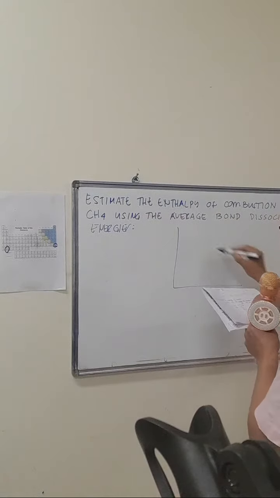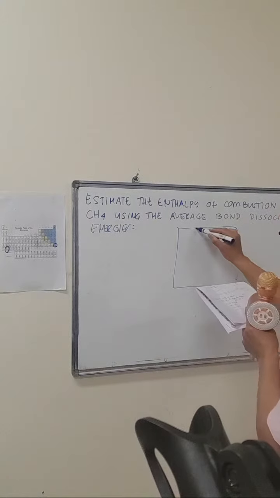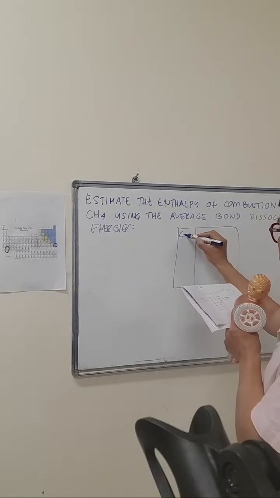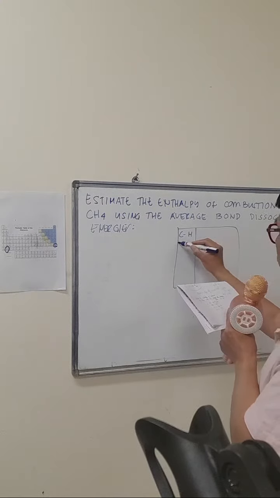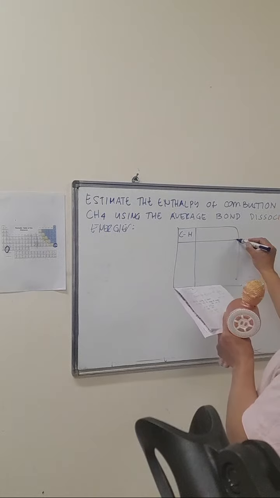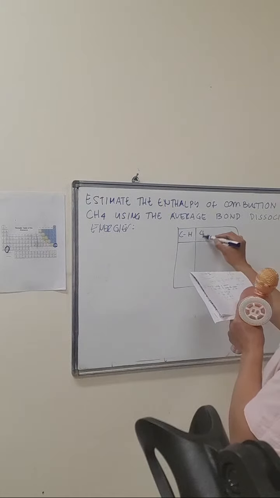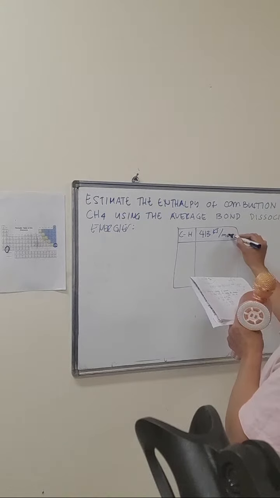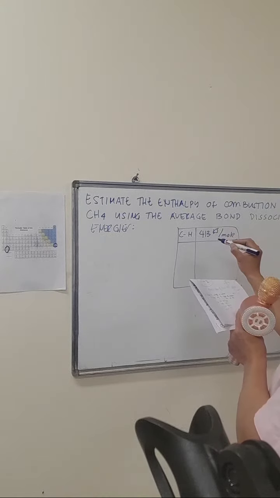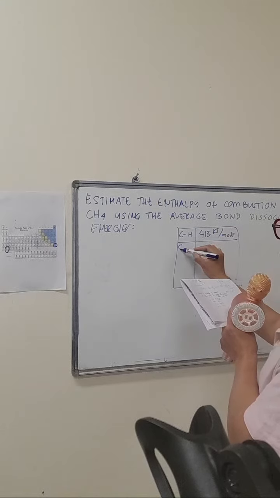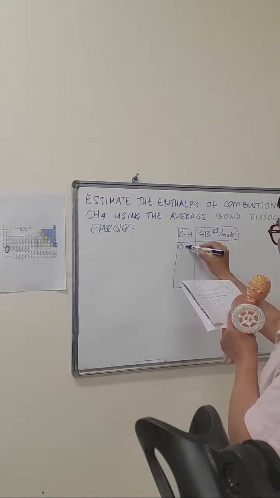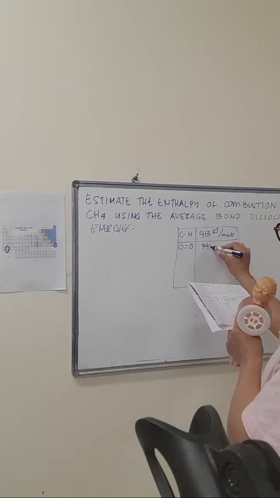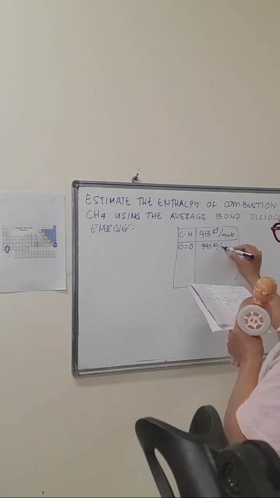First is the carbon to hydrogen single bond, which is 413 kilojoules per mole. Then we have the oxygen to oxygen double bond, 495 kilojoules per mole.